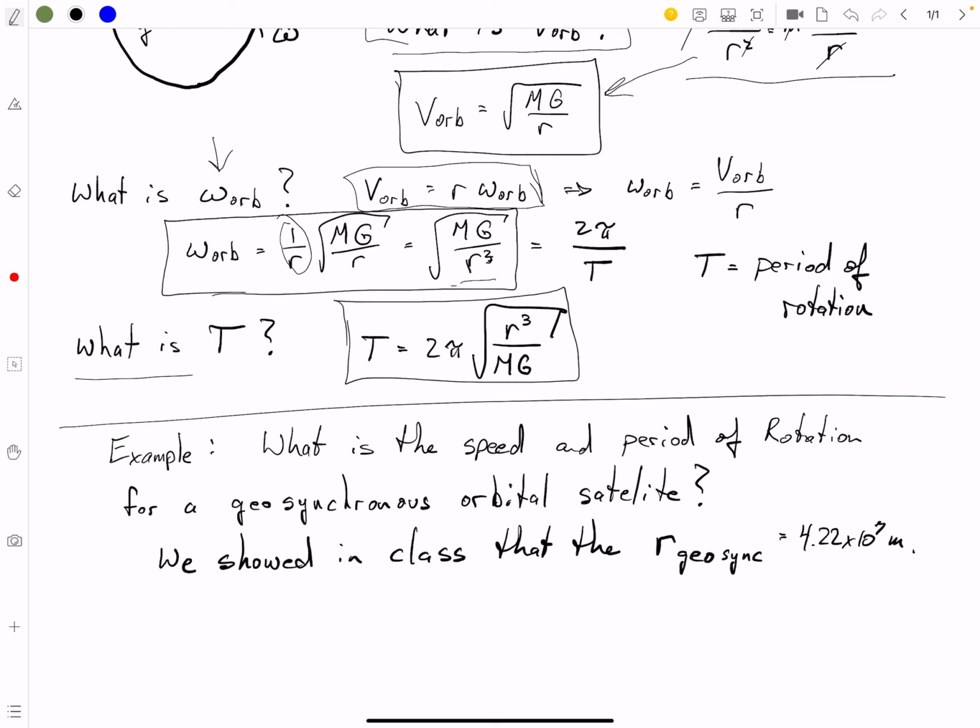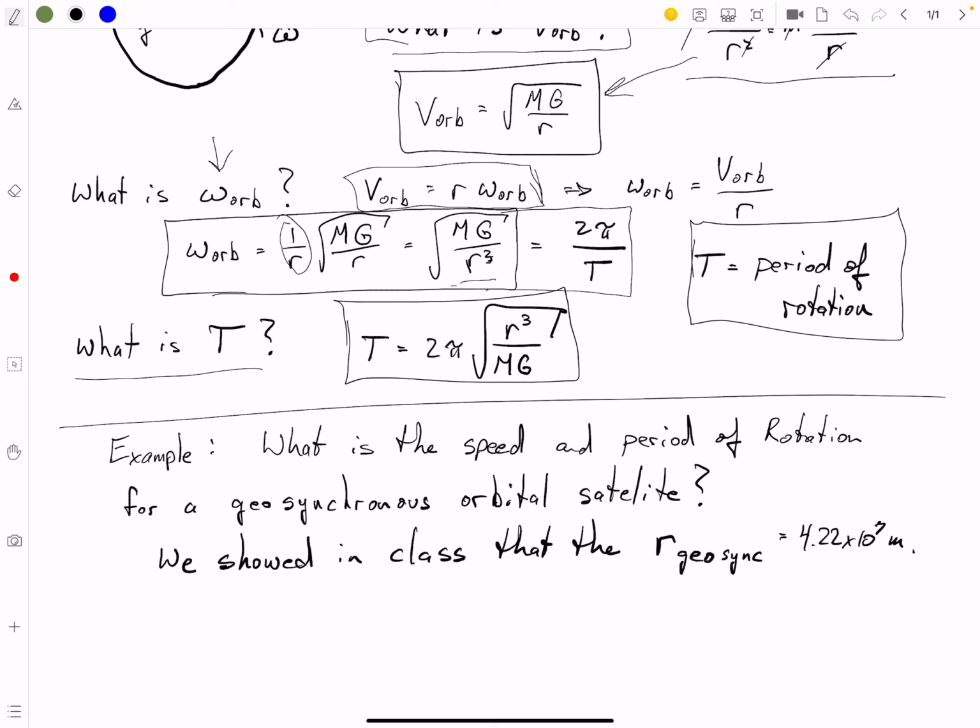So what is our period of rotation? Well, we're equating right here omega with 2 pi over our period of rotation. So when you do that, you can solve T equals 2 pi times 1 over the omega.